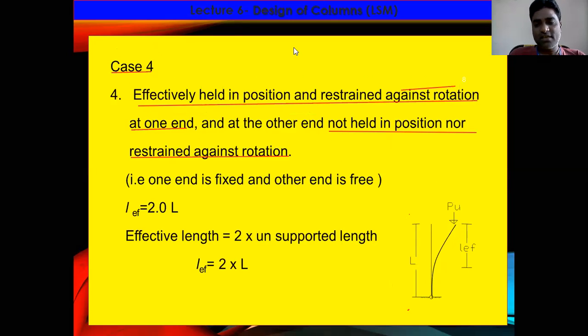In this buckling state, due to the applied load, the effective length becomes 2 times the unsupported length, that is, L effective equal to 2 L. One end fixed, other end free: the effective length is 2 times the unsupported length. So based upon the support conditions, you have to calculate the effective length of the column.